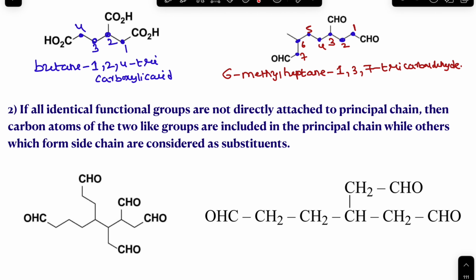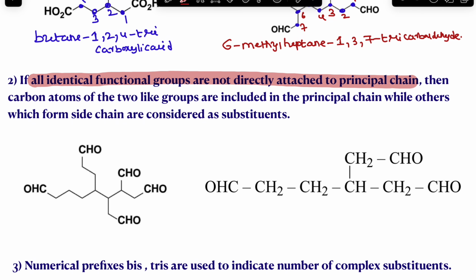Now again we have more than 2 identical chain terminating functional groups, but all identical functional groups are not directly attached to the principal carbon chain. For example, here, it's not numbering, just the longest chain.